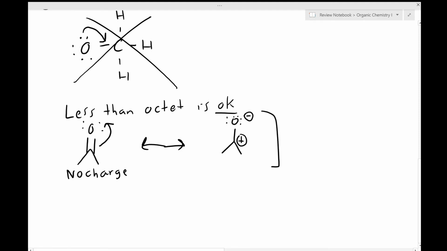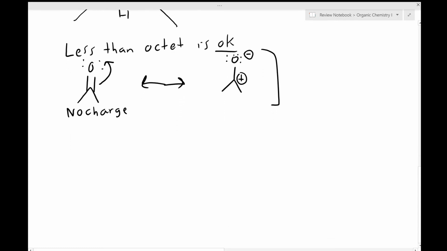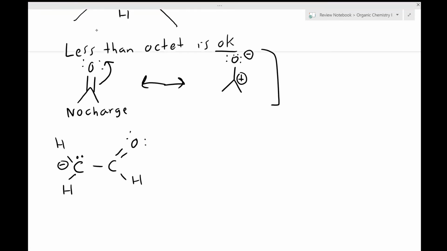So let's show our contributing structures. Got our carbon here, and let's show some electron movement. Here we have our carbon with 3 bonds and a lone pair. Here we have negative on this carbon. Well, we've got to do something about that. Let's move these onto here.